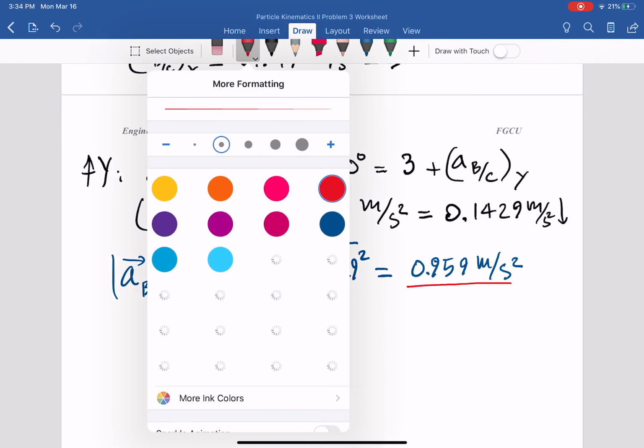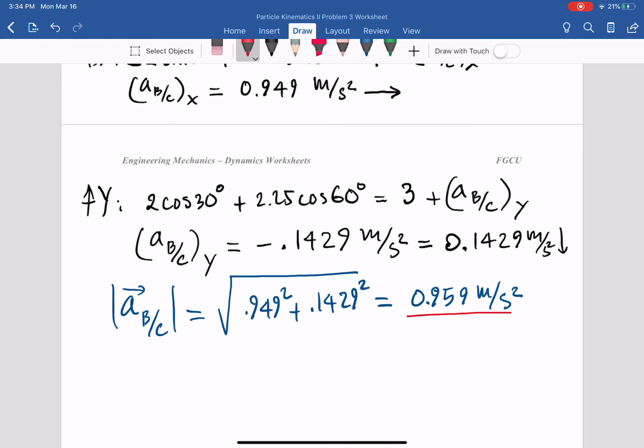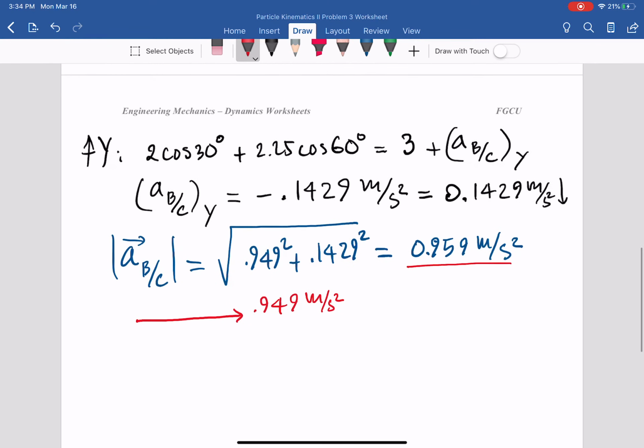Let's draw that down again. We have the x component, 0.949 meters per second squared going right, and the y component going down, smaller, 0.1429 meters per second squared.